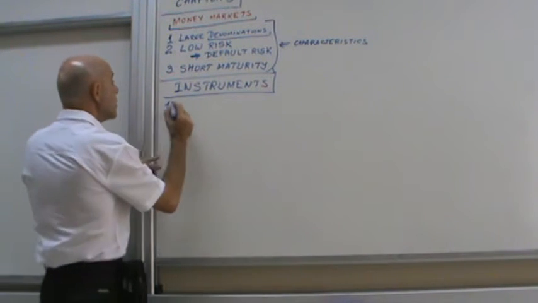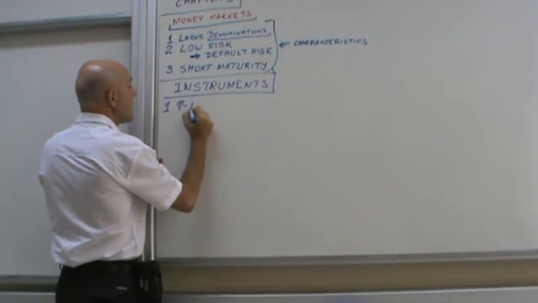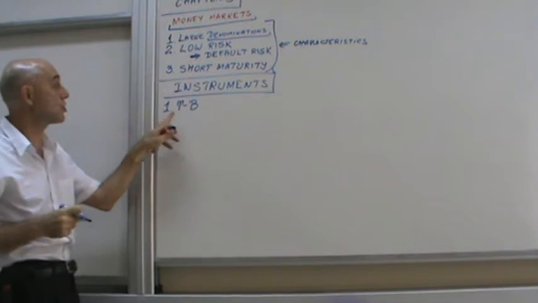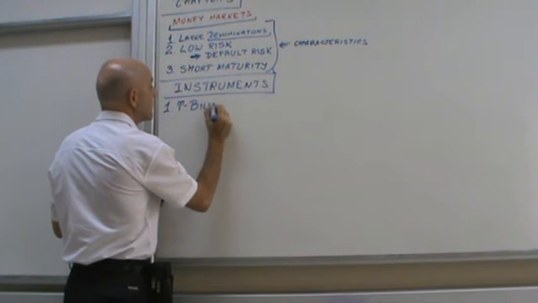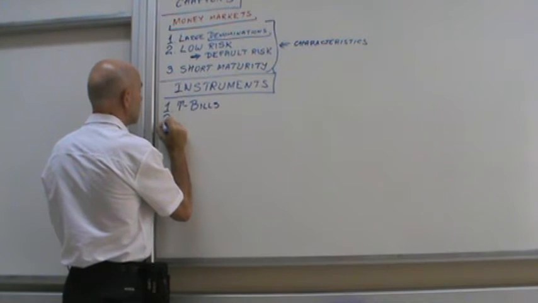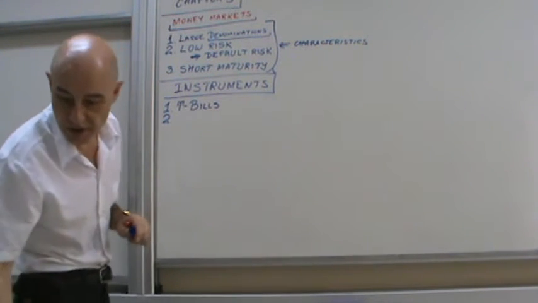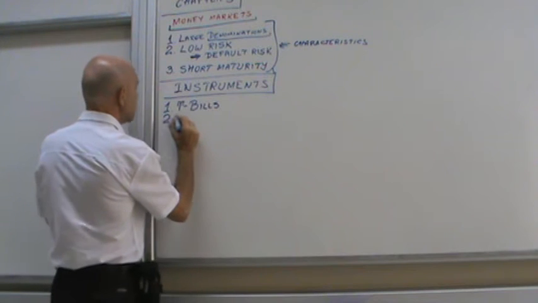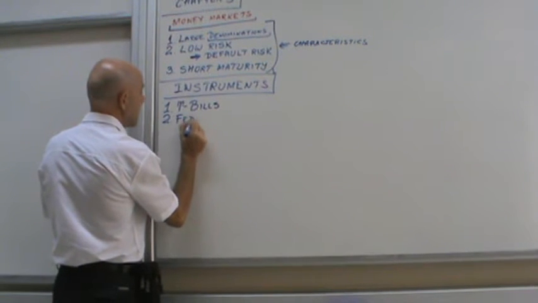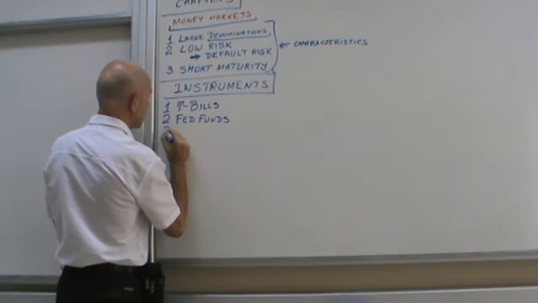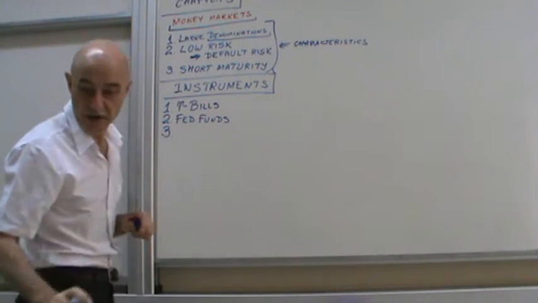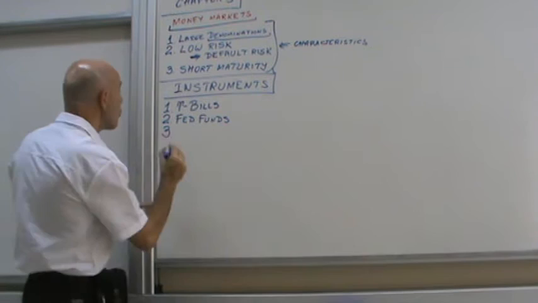So, first one, Treasury bills, sometimes Treasury is shortened to T, standing for T-bills. Number 2 is Fed funds. Number 3 will be repos.